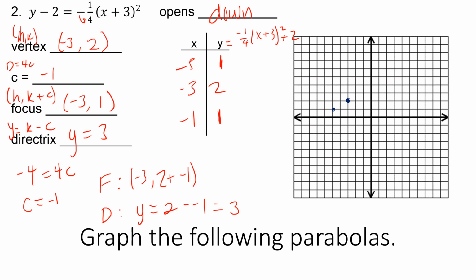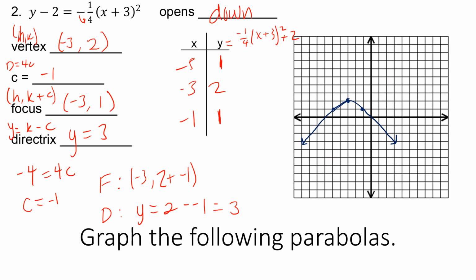And at -1, I'm going to go to 1. And then I'm going to do my very best to follow it out. Hopefully it makes sense.